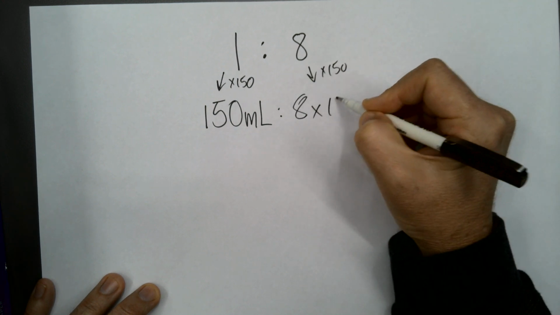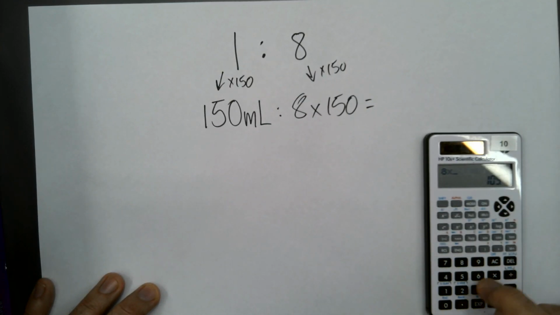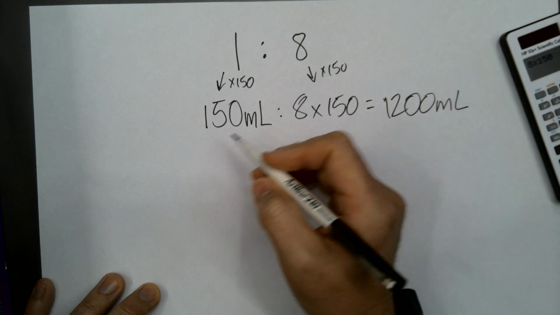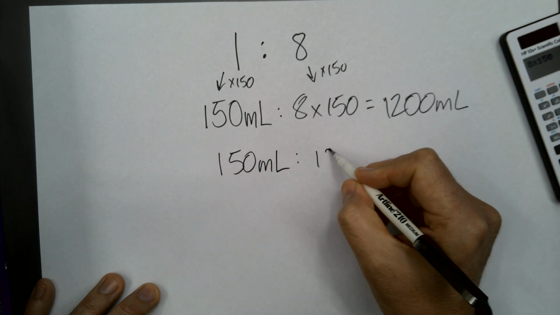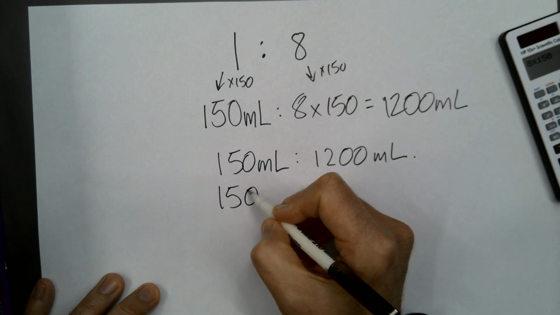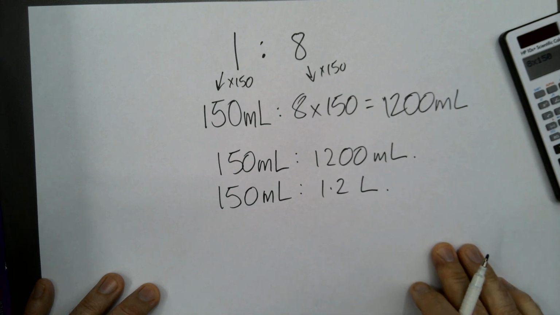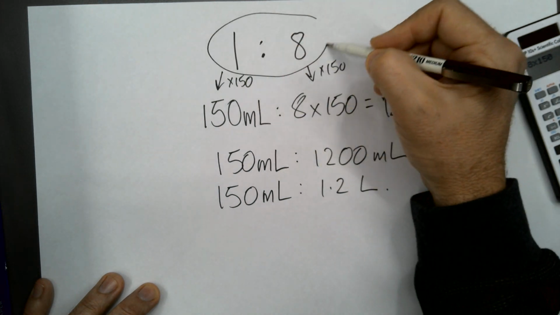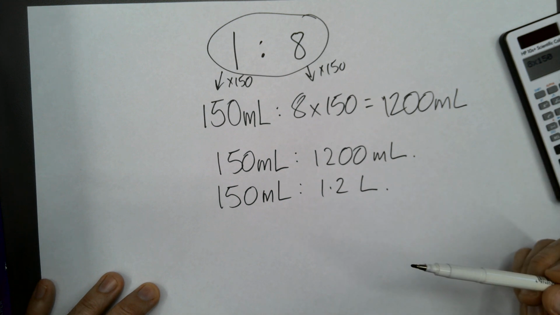So 8 times 150, so 8 by 150 is 1,200. So just to neaten that up a bit, I'd have 150 mil is to 1200 mil, or 150 mil is to 1.2 litres. Okay? That would do that job, and it's within that ratio. I've just multiplied each side by 150 to get there.